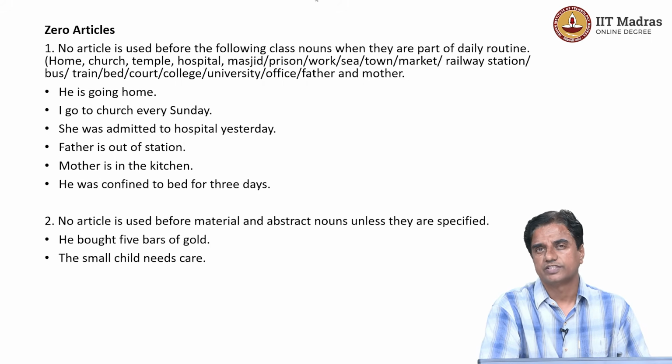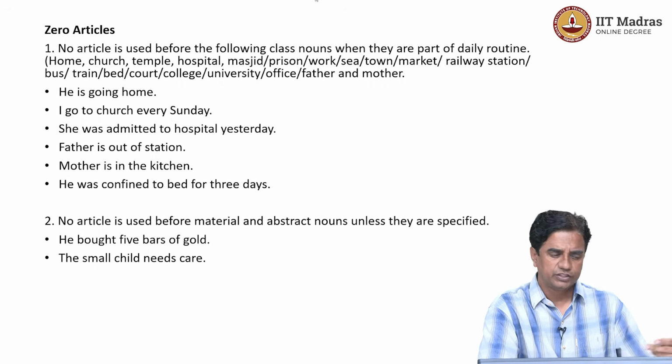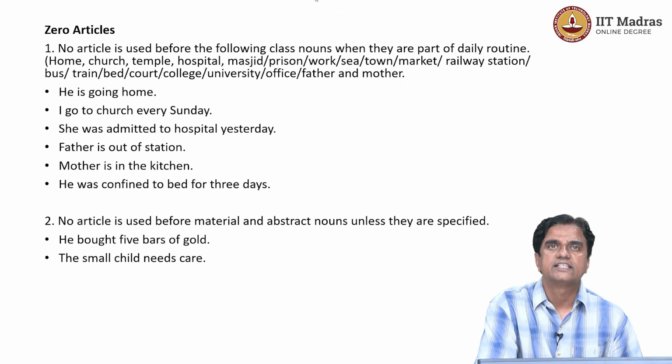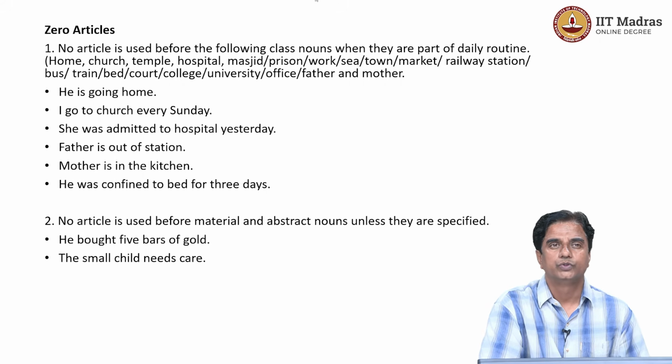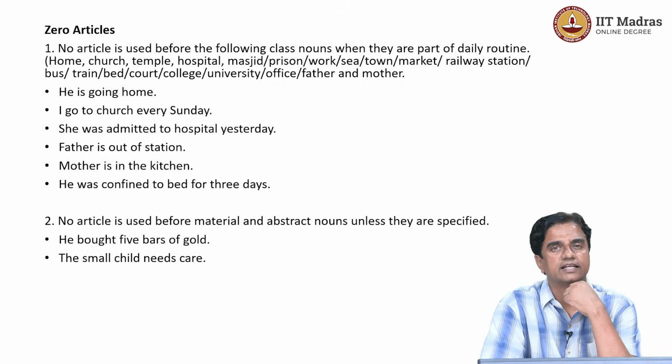I go to church every Sunday. It's part of my daily routine. Hence, I don't want to say I go to the church every Sunday or I go to a church every Sunday. Get it? You have a whole list of things, some examples from the above listed materials for you to refer to. We also do not use articles before materials and abstract nouns unless they are specified.